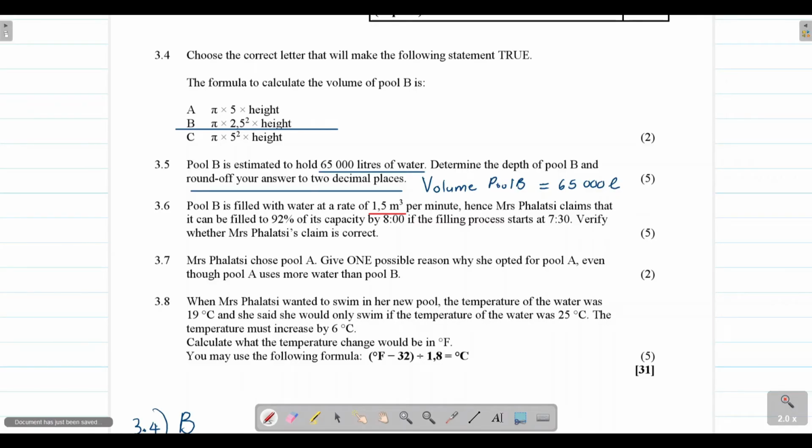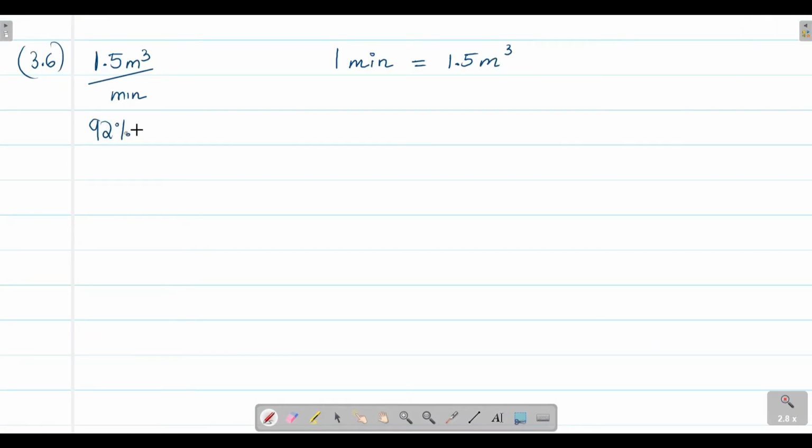Once we're able to determine that, then we will be able to work with the rate that is given to us to determine whether the pool will be filled to 92% of its capacity by 8 a.m. So let's first calculate what is 92% of 65,000 liters.